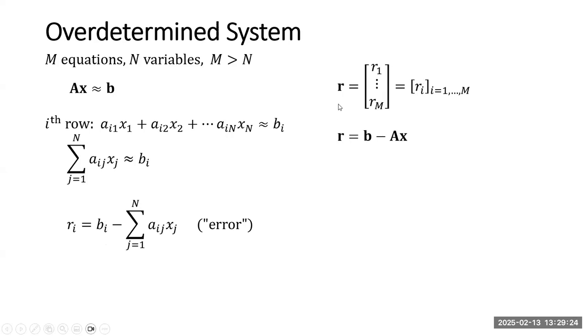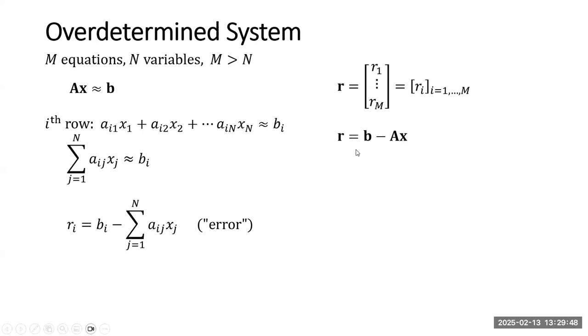So r is the vector of all errors. Each scalar expression has its own error, r_i, and we concatenate them to get the vector of errors. Each of these components of r could be positive or negative, correct?